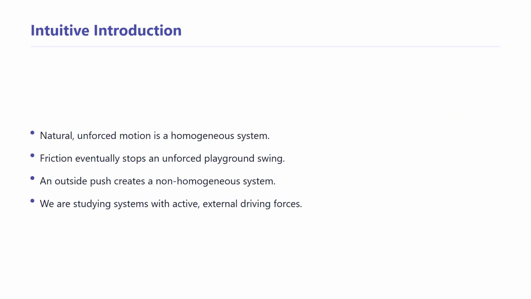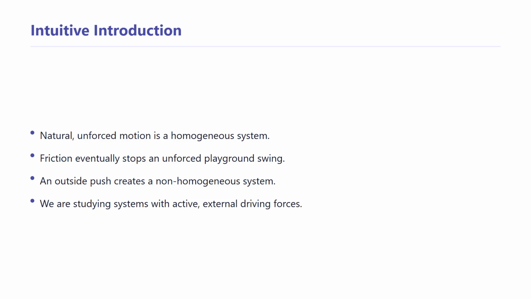Let us begin by building our intuition. Imagine you are sitting on a playground swing. If you pull it back and let go, it swings naturally until friction stops it. In mathematics, this isolated, unforced motion is what we call a homogeneous system.